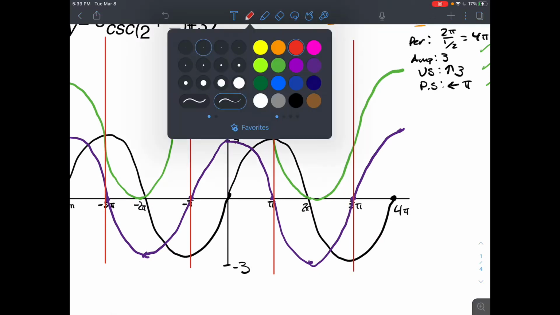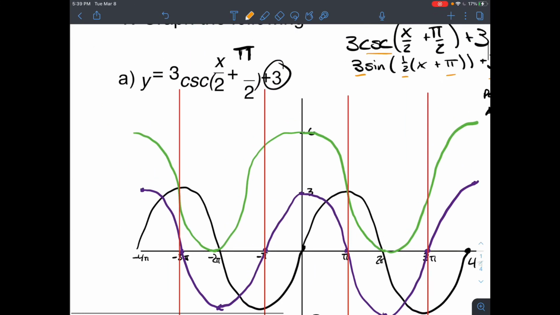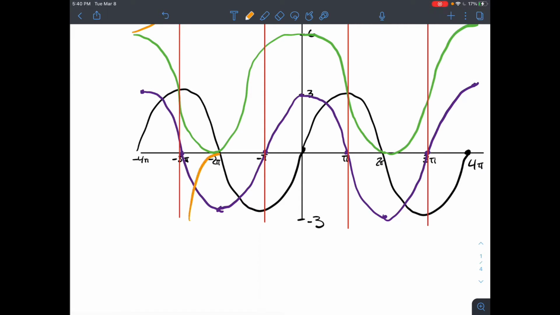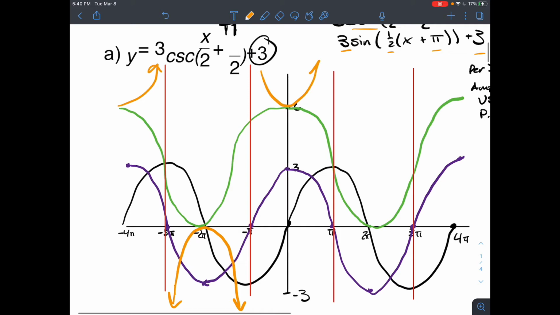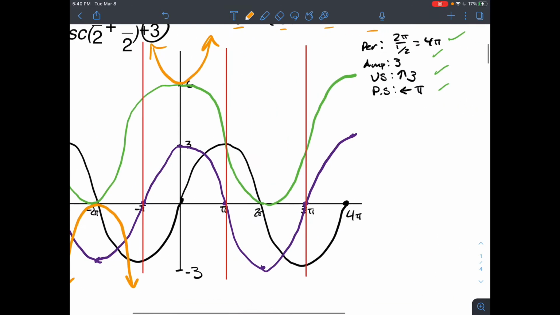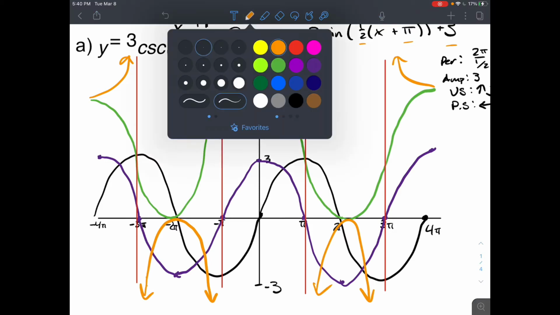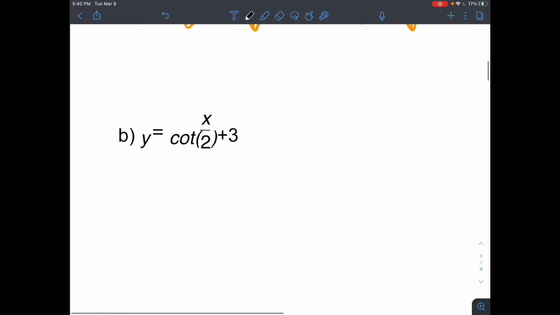So in orange is going to be our final graph. Going off the green. Good. And that is what we're left with. So leave that on for a sec so we can pause it and move on with our life.